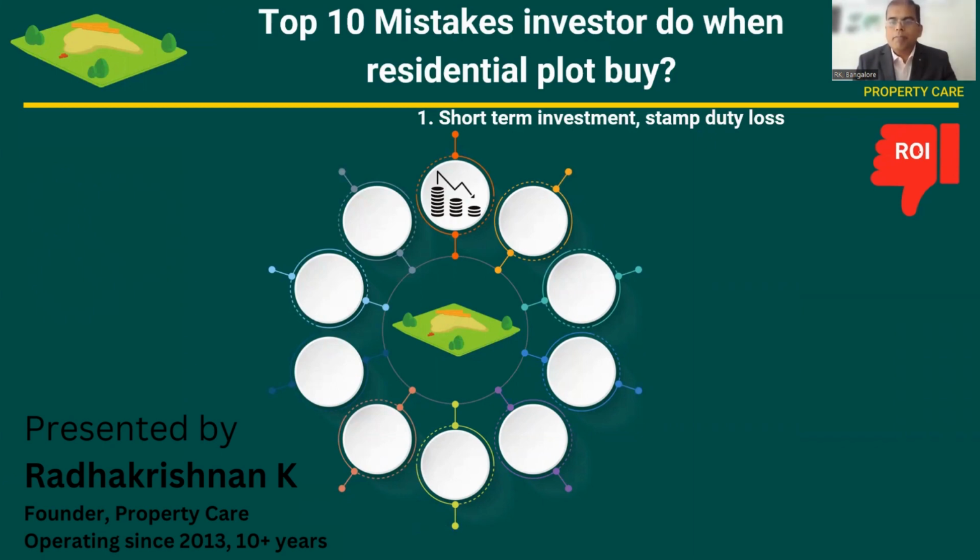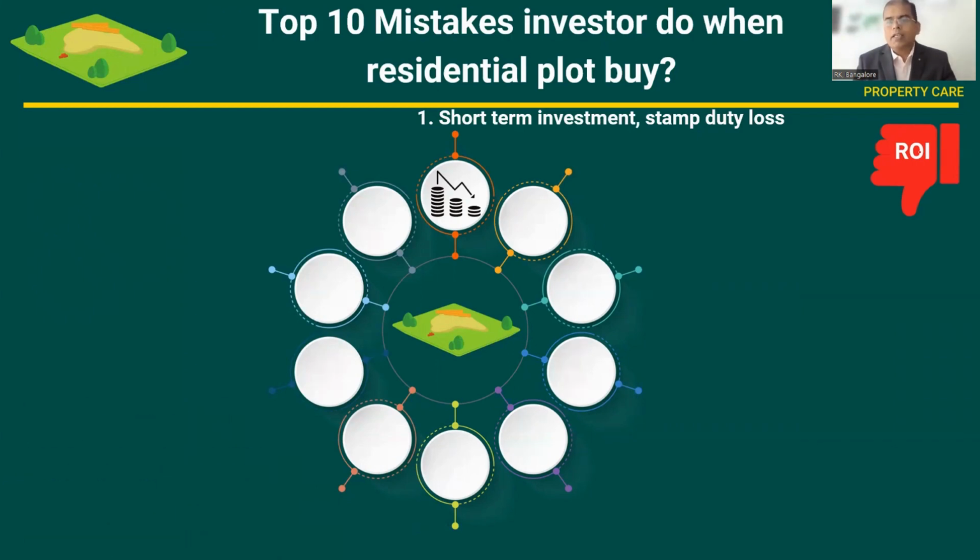When we decide on a plot, we should look at a period of at least 2 to 5 years for returns on that investment. Otherwise they lose the stamp duty, approximately 6.6%, plus consulting charges, lawyer fees, and loan processing. And over a short period the appreciation potential is very low. So generally, this is not recommended.